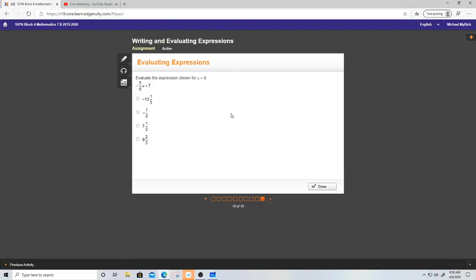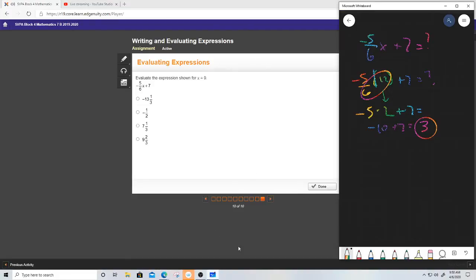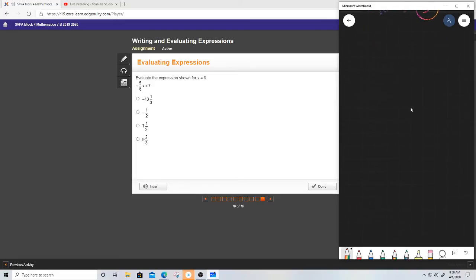Can you evaluate this expression for the given x value? Look, they're trying to put some okie dokes. They get okie doke all day, but I got tricks for everything, man. Alright, same equation, plus 7, right? And now they want us to do negative 5 over 6 times 9 plus 7. But if you look right here, what do you see? Well, we can divide both by 3. So what you could do is negative 5.